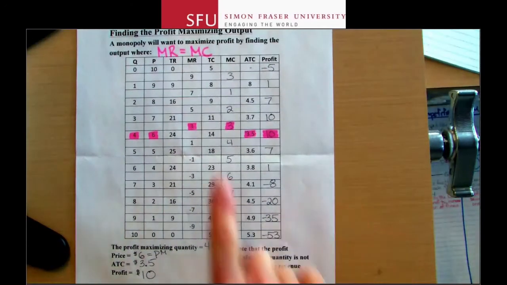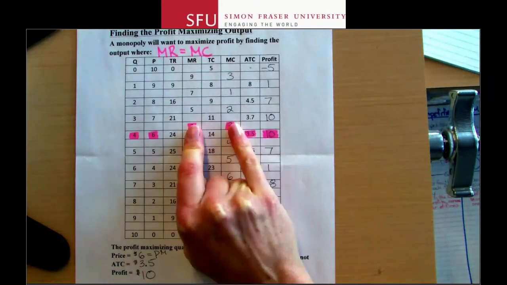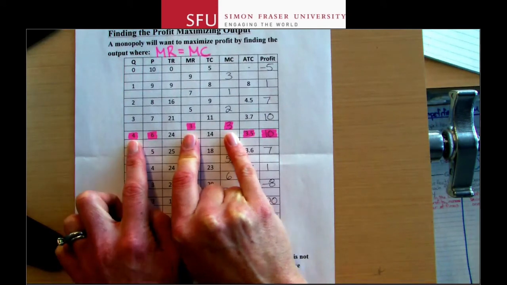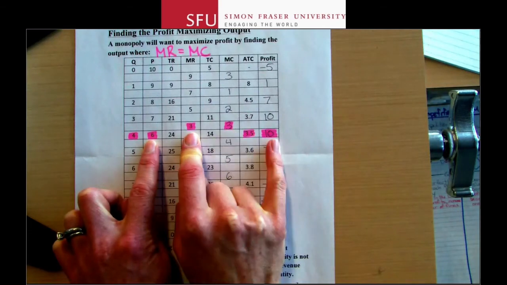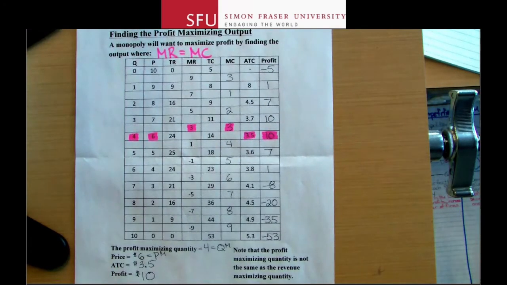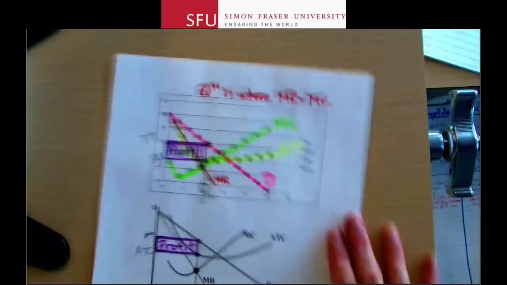So the monopolist has marginal revenue here, marginal cost here, equilibrium there. 3 equals 3, so that went with a quantity of 4. And then the price consumers were willing to pay was 6, and then the profit that they earned was 10. And then we illustrated that here on the two graphs.